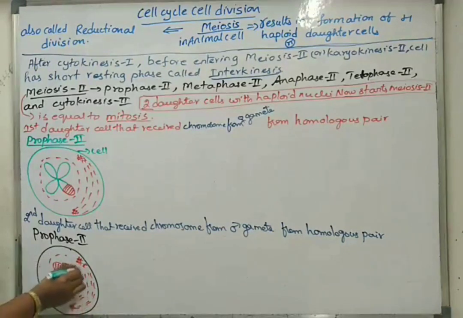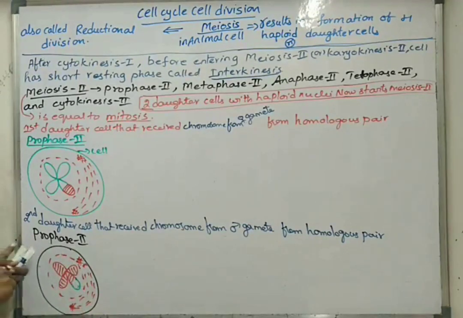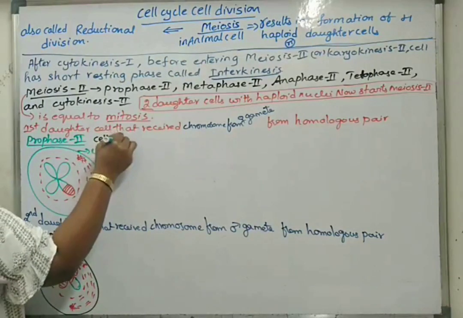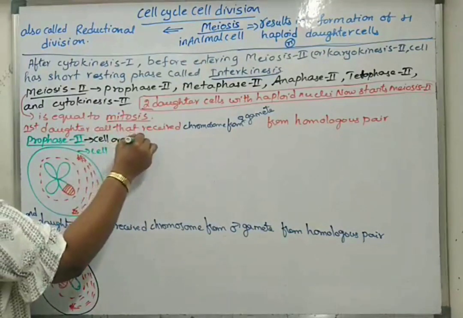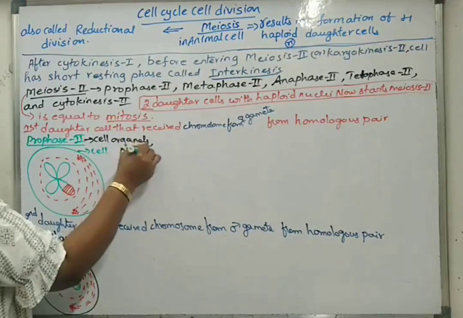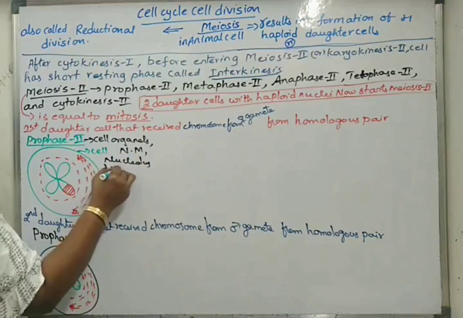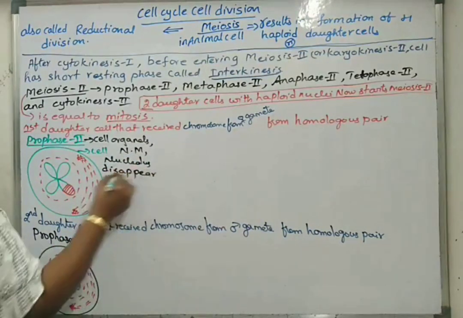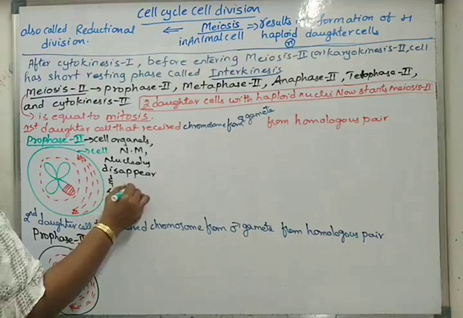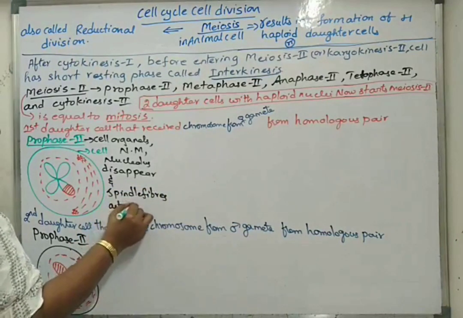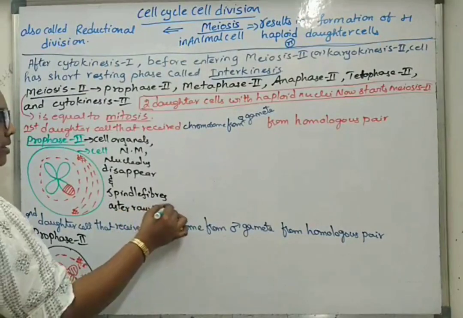This is the disappearing nuclear membrane. So cell organelles, nuclear membrane, nucleolus disappear, and spindle fibers and aster rays reappear.